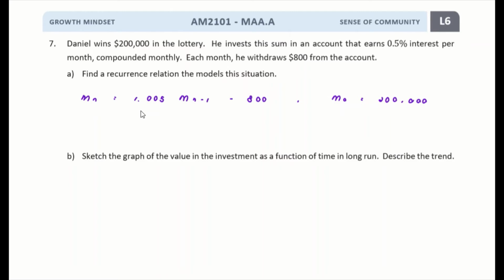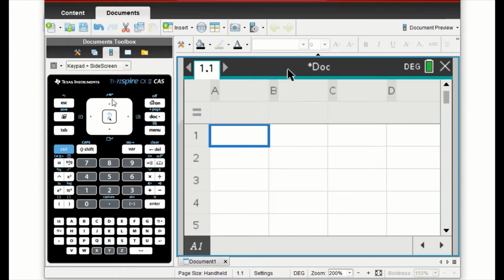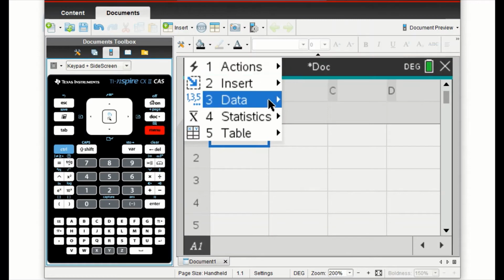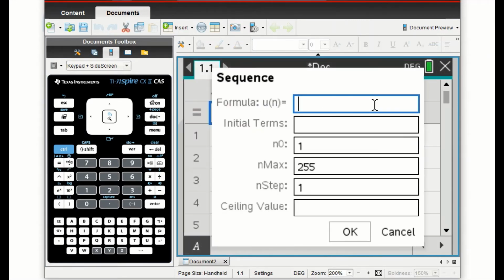So in this case, you know it's supposed to be an increasing one, but you're not sure whether the withdrawal will make it decrease or not. So let's generate the sequence in our calculator. Data, generate sequence: 1.005 U n minus 1, and then minus 800.